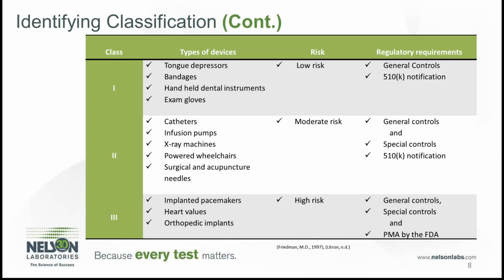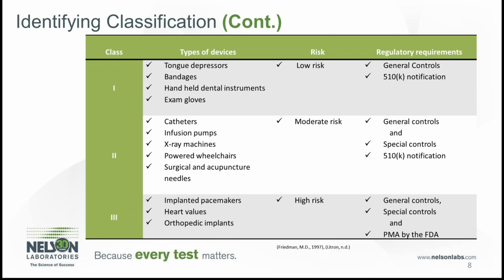Moving on to class number 2, these devices have both general and special controls. General control is things such as registration, enlisting, prohibition against adulterations, misbranding, notifications, repair, replace, refund, recalls, records, reports, and adherence to GMPs, which is good manufacturing practices.